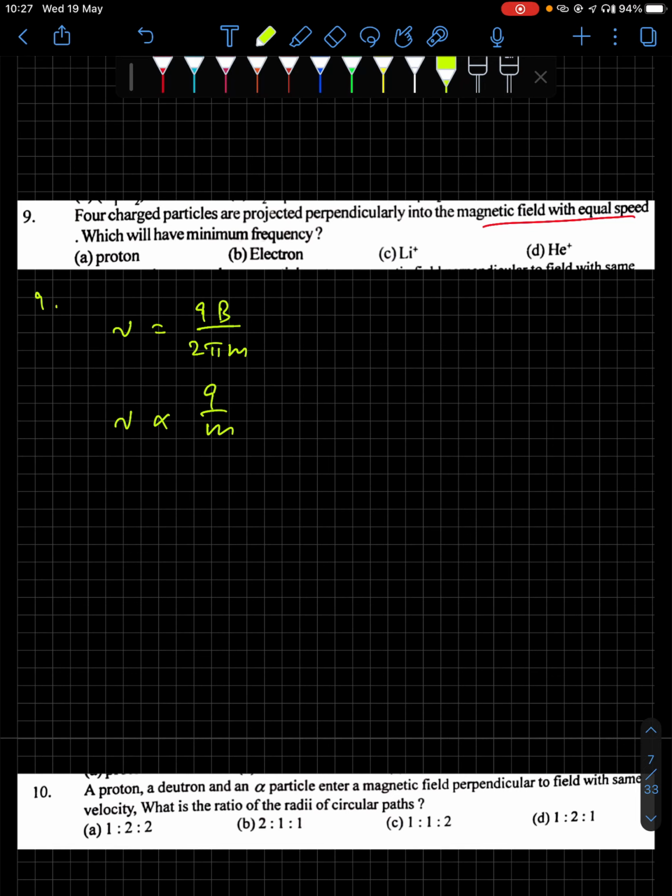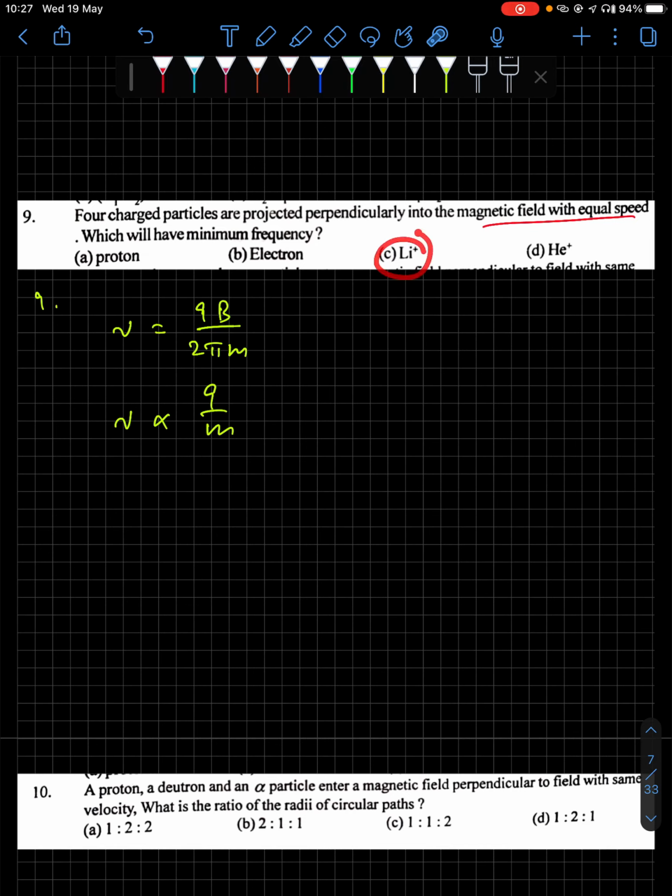Now you have four particles: proton, electron, lithium plus, helium plus. All have charges of magnitude e: the proton has charge plus e, the electron has minus e, lithium plus has plus e, and helium plus has plus e, because one electron is taken off from these atoms.